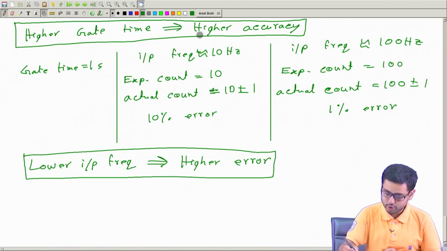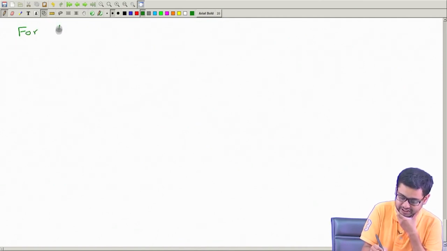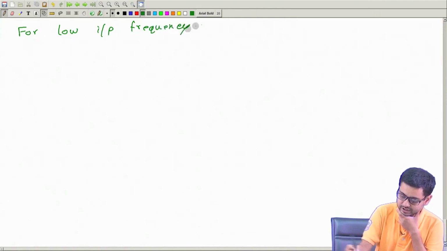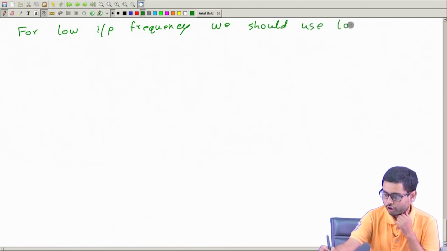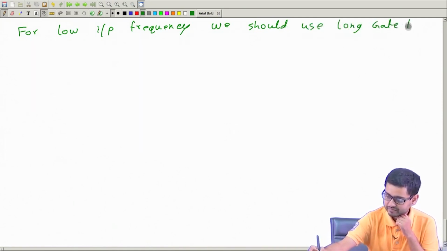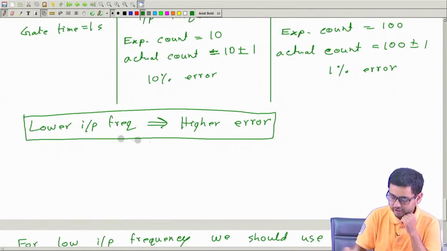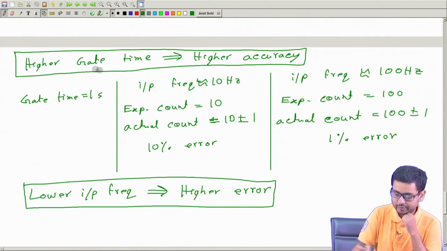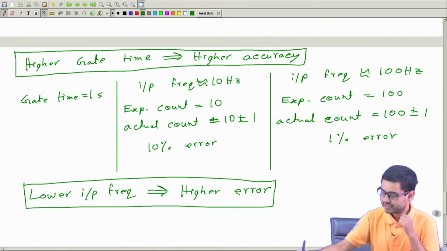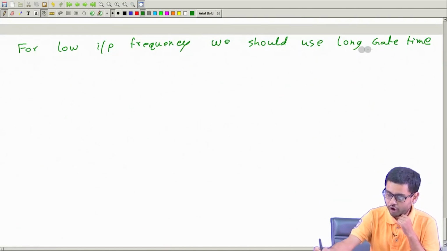Therefore, combining these two facts, we can write for low input frequency, we should use long gate time. Okay. Why? Because if the frequency is low, the error is high, but by increasing the gate time, we can increase the accuracy. So, therefore, for low input frequency, we need long gate time.